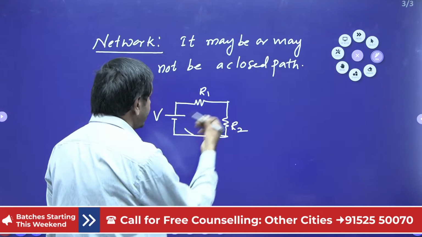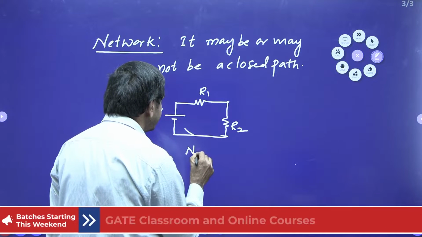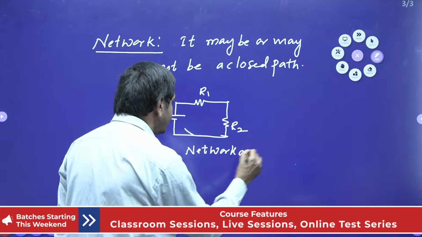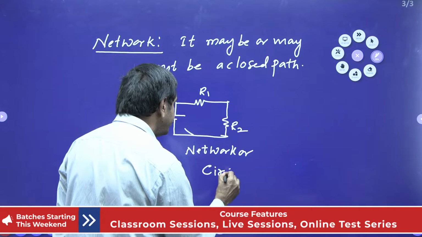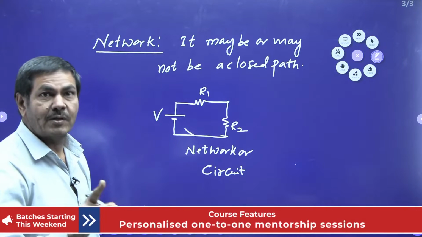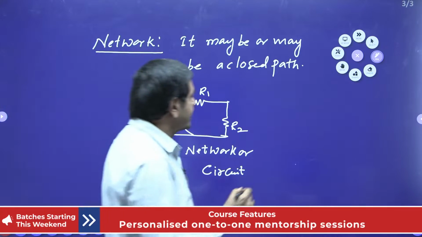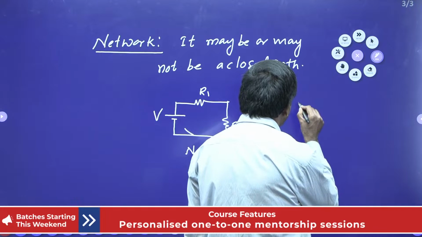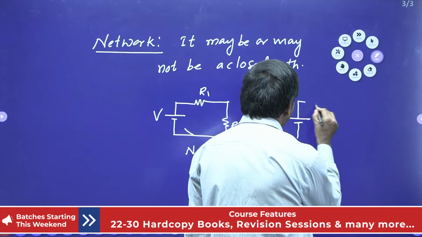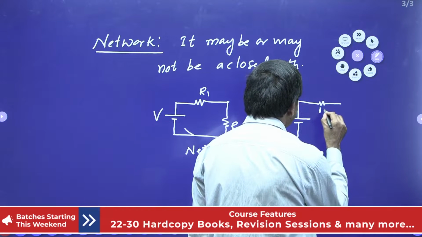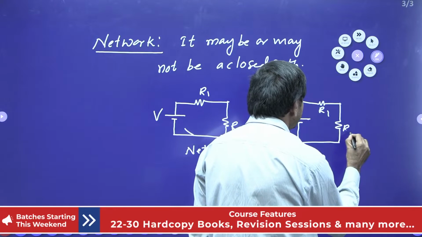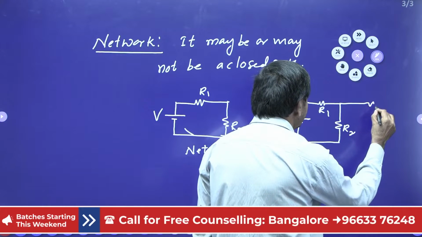Whenever you have a closed path, this can also be called a network, or a circuit also we can call. A circuit can also act as a network. In case I draw the diagram in this way, there is a battery here, and I connected a resistance R1 here, and one more resistance R2 here, and one more resistance I connected this side.